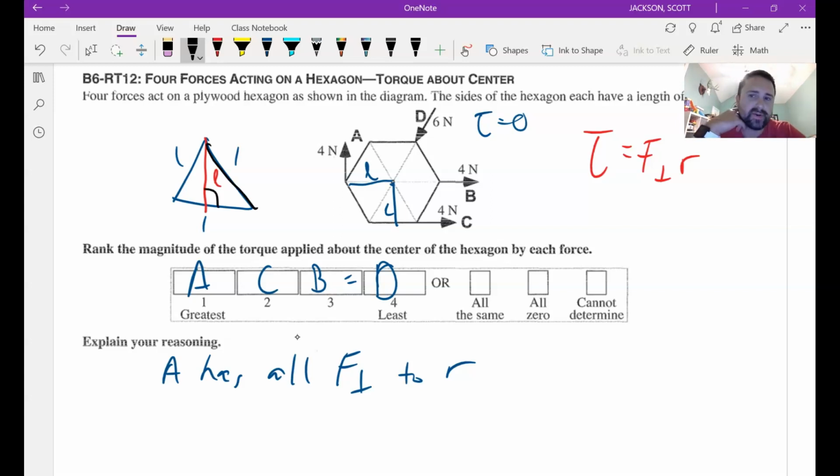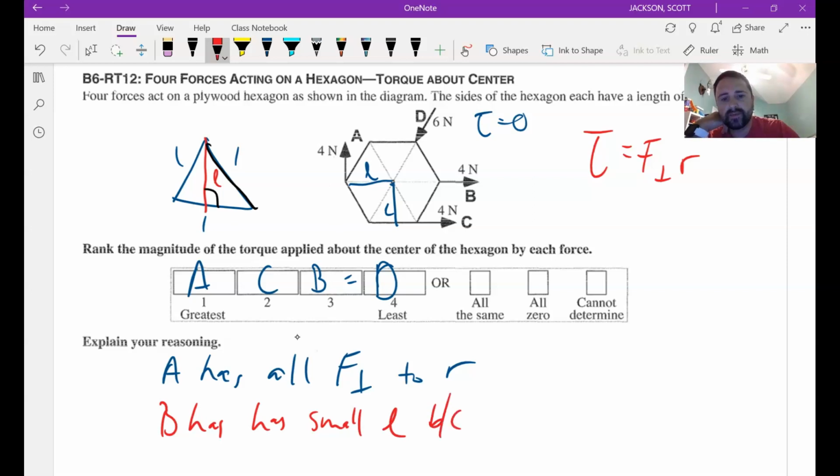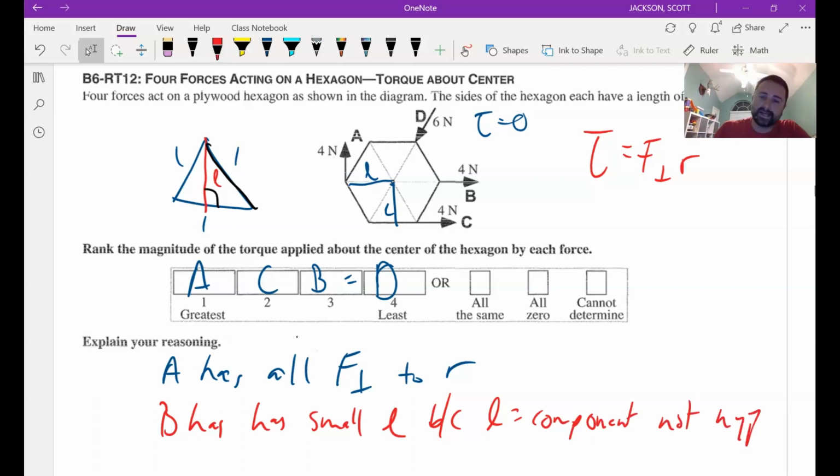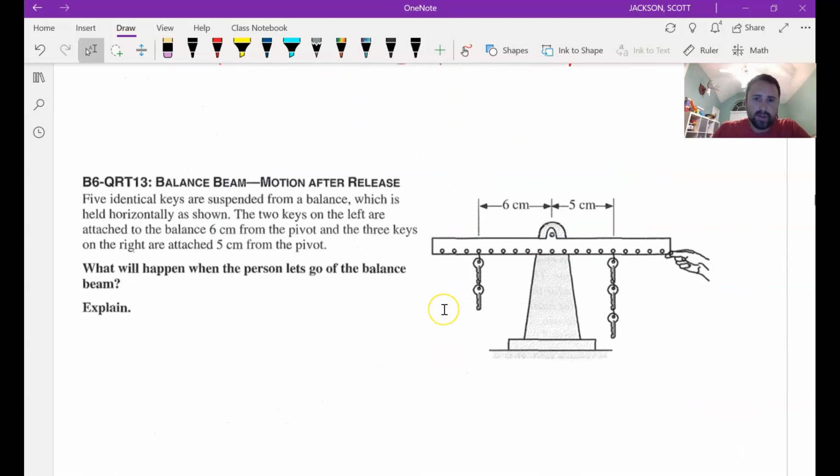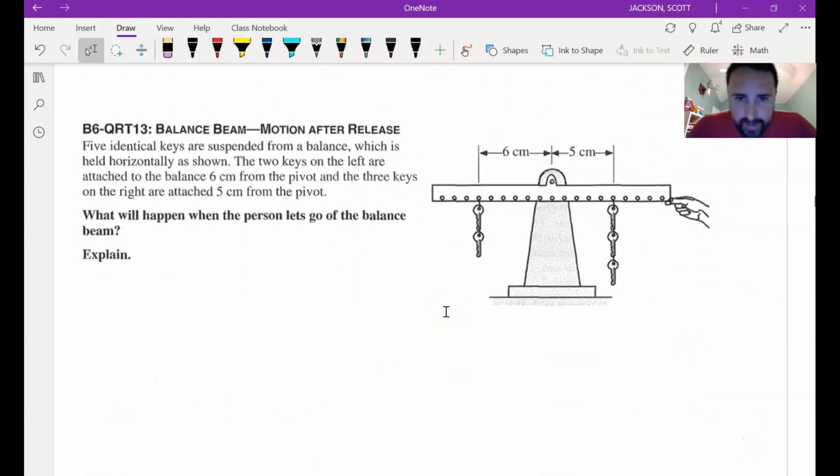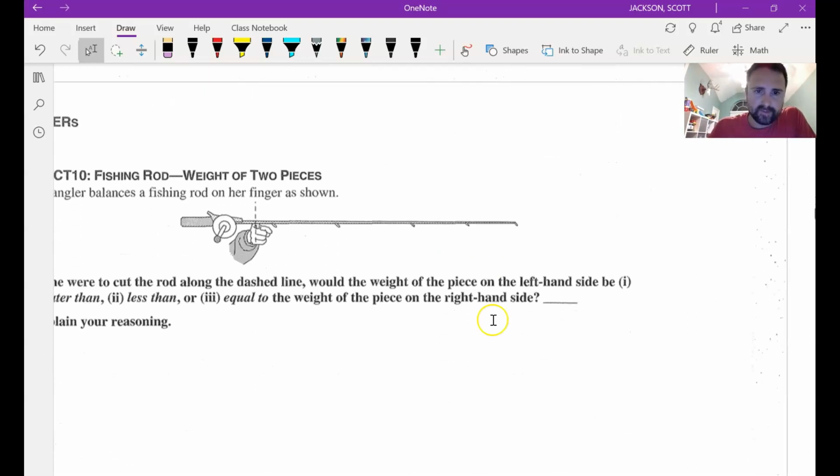The red is a component, so it has less. So you could say B has a smaller lever arm because the lever arm equals a component, not hypotenuse. Something along those lines. Right? Nature of time, let's skip that one.